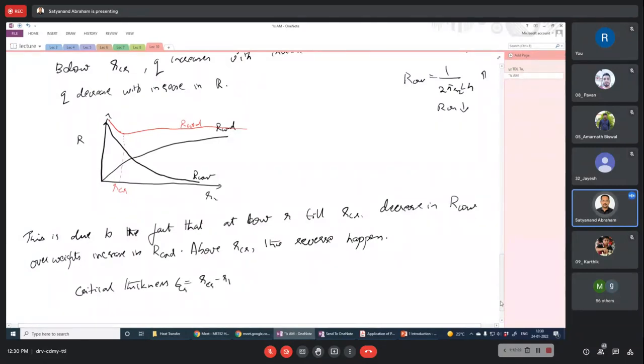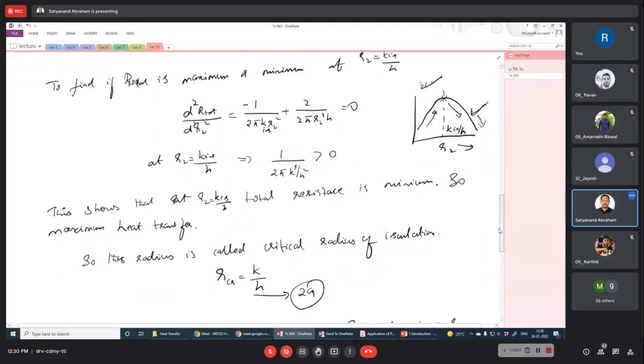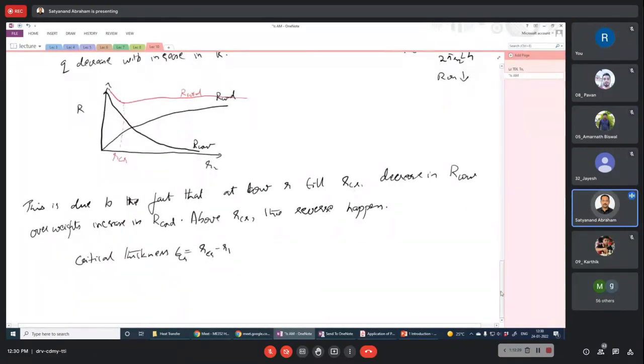That thickness of the insulation is known as the critical thickness. But basically what we find is the critical radius, and from there you can find the critical thickness. That's how you can calculate the critical thickness of the system.